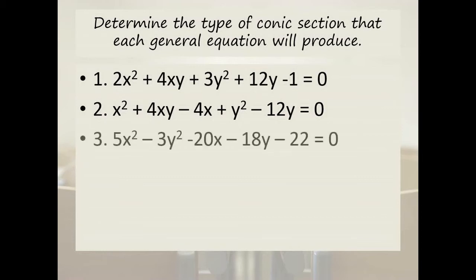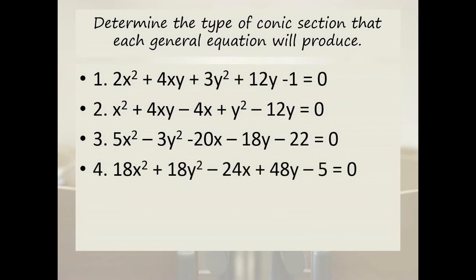Number 3. 5x squared minus 3y squared minus 20x minus 18y minus 22 is equal to 0. Number 4. 18x squared plus 18y squared minus 24x plus 48y minus 5 is equal to 0.